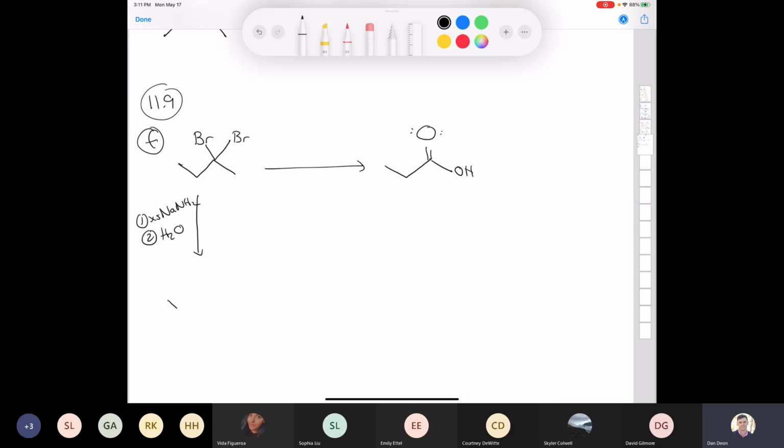We do that double E2, and in that case, we'd end up with this molecule, which is 1-butyne. Then if we take this and we treat it with ozone followed by water, not only do we cut this bond, right, we end up with acetic acid, but we also end up with CO2, carbon dioxide. And so those are some good practice problems from chapter 11.